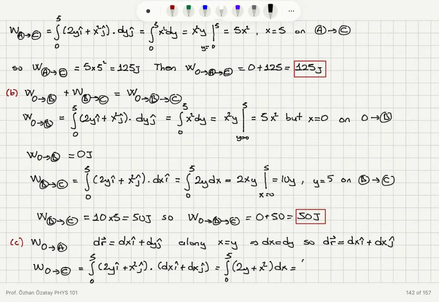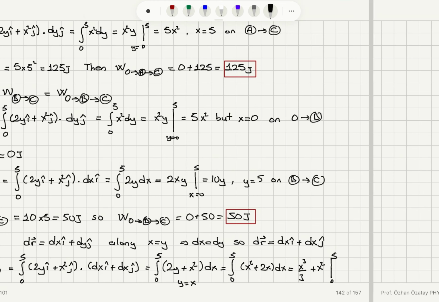But then y and x are equal along this path, so we're moving on y equals x. So this is x squared plus 2x dx. This integral gives x cubed divided by 3 plus x squared, evaluated between x equals 0 and x equals 5.